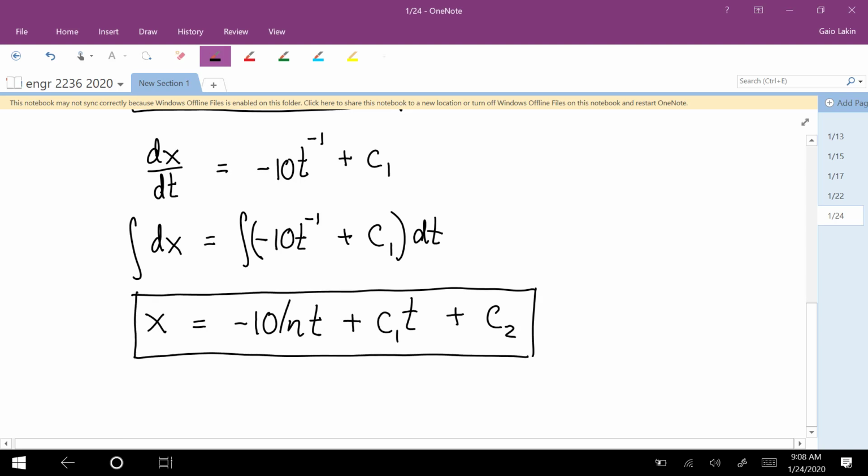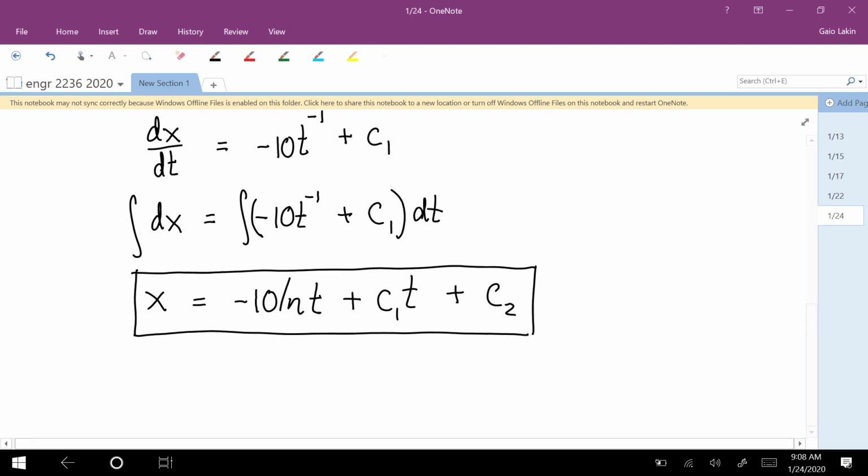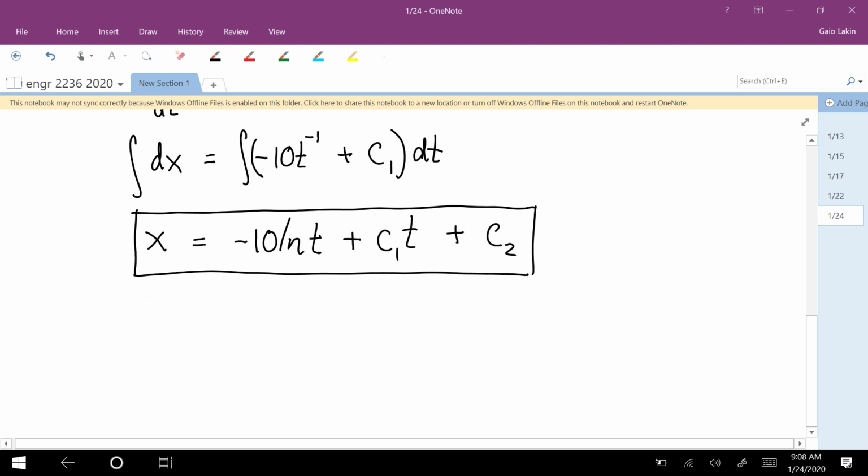And now we can finally use boundary conditions. Okay, so how are we going to do this? Well, the boundary conditions, let's do them one at a time. The first one says when t is equal to 1, x is equal to 2.